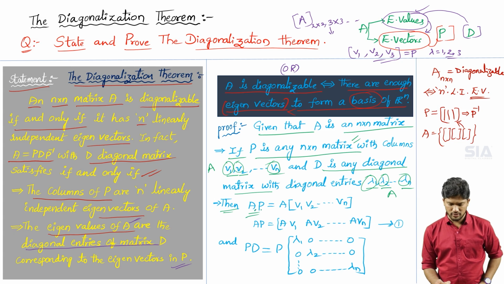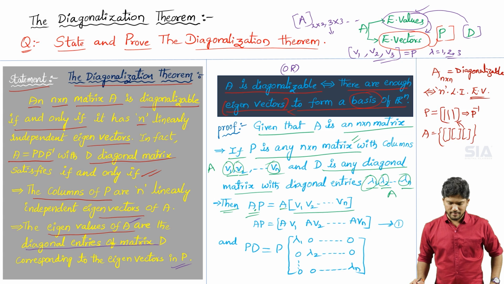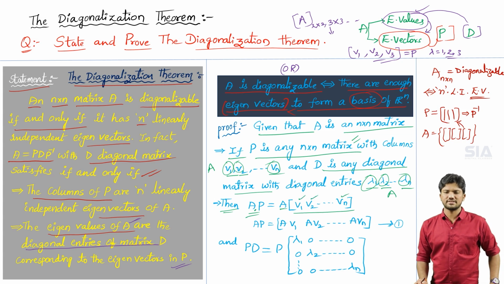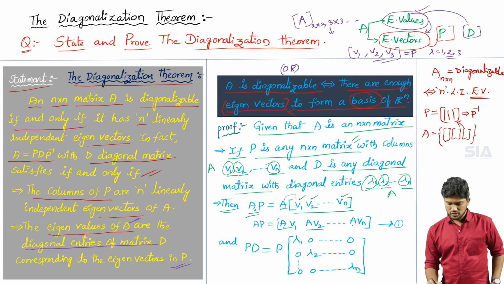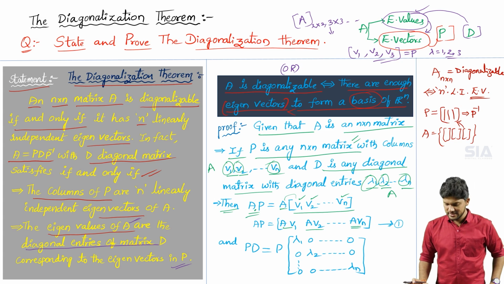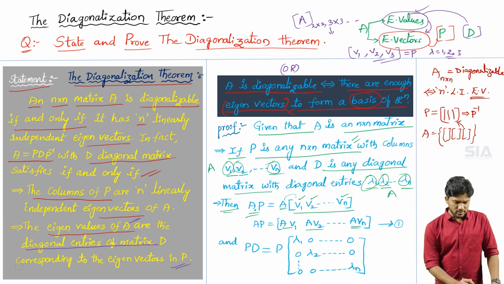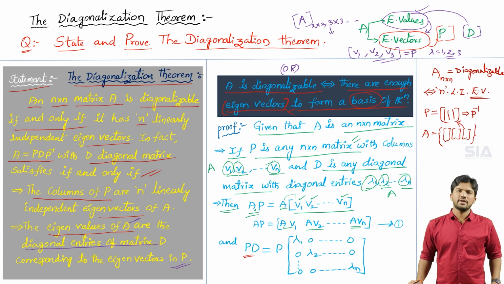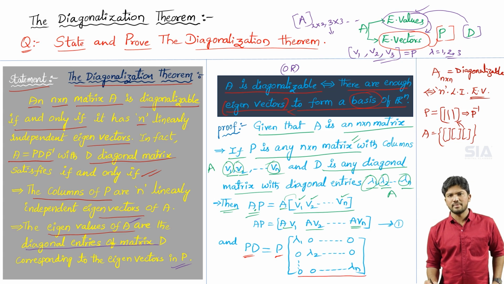Their product A into P is equal to A into capital P, which is the matrix representation of all the eigenvectors v1, v2 up to v suffix n. Multiplying with capital A, you will get A v1, A v2 up to A vn. That is equation number 1. Just remember carefully. Next we have another equation, that is P into D. P into D is equal to capital P as it is, where D is the diagonal matrix.